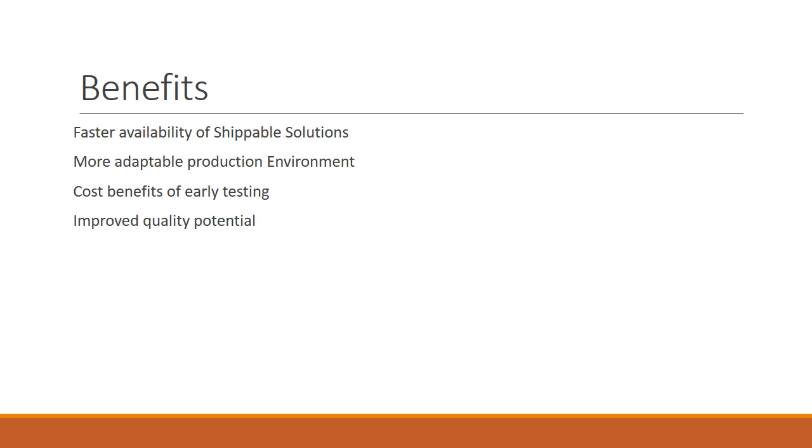The benefits of moving to the Agile framework would be faster availability of shippable solutions, because you're doing those iterations, and each iteration is a shippable product. You'll be putting things into production much faster than would typically happen with waterfall. The environment's more adaptable.